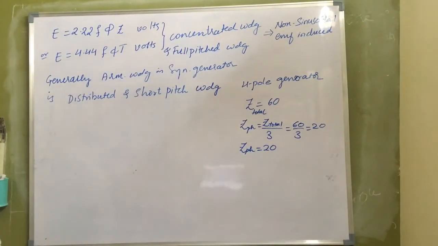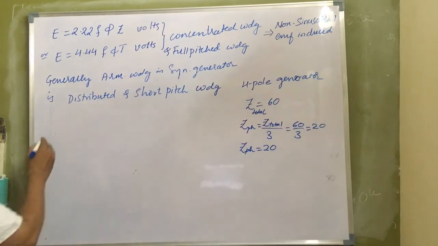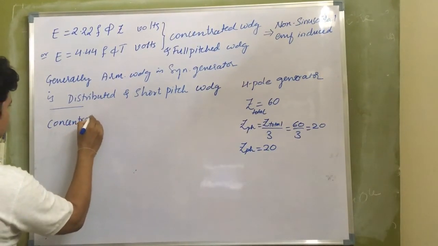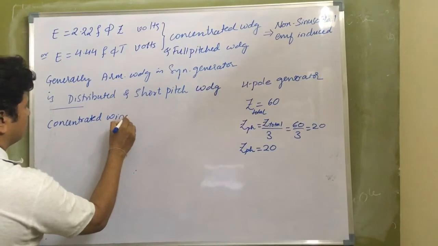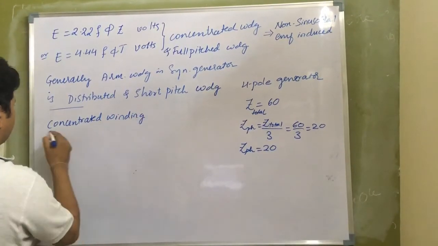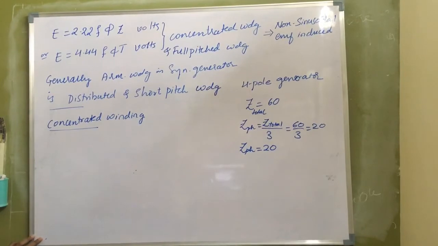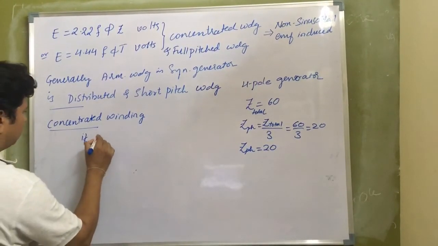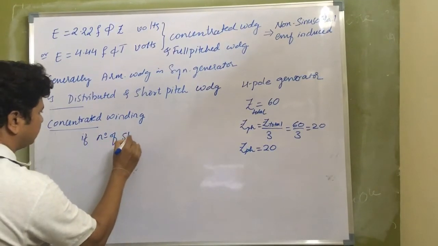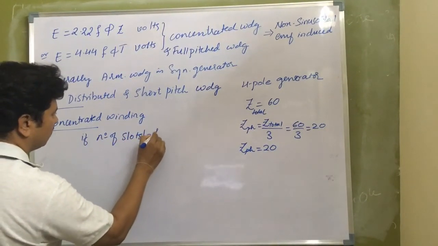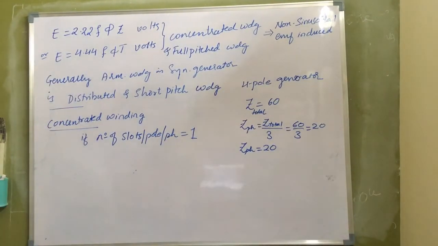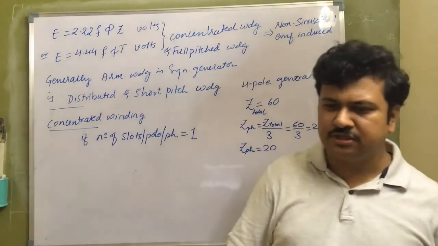Okay. So a winding is said to be concentrated winding if the number of slots per pole per phase is equal to 1.